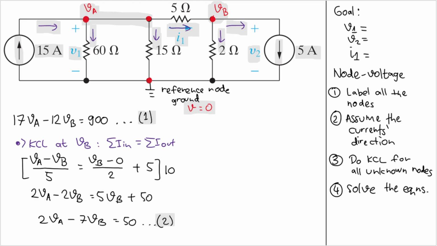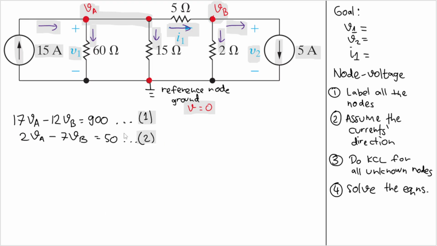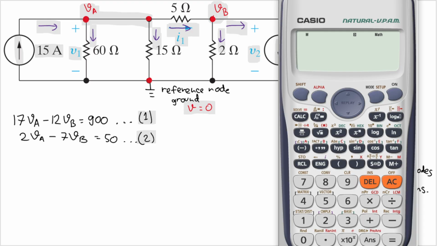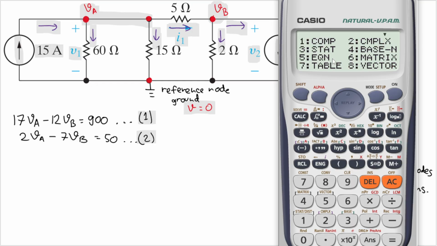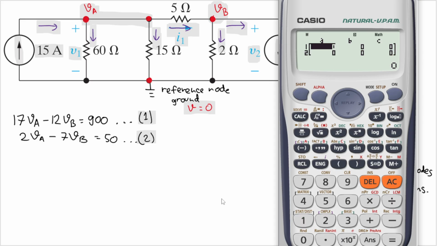Okay, maybe let's clean up things a bit for getting some space. Okay, now we have 2 equations and 2 variables, and I think the fastest way to do it is by using calculator, right? Because in the circuit analysis exam, you can use your calculator, so why not just use it, right? And how to set this up? So set this up here, we have this button, and equation solver is number 5. And we need 2 variables, which is number 1. Okay, so all we need to do is to plug in the coefficient.